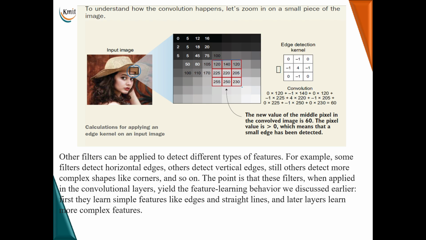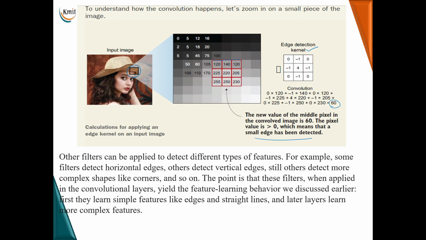I will place this filter onto this and perform the mathematical operation of dot product. So 120 into 0 plus 140 into minus 1 and so on. I got the value as 60. So this 60, which is greater than 0, represents that a small edge has been detected. So this filter is used for what? Detecting the edge of this particular part of the image.